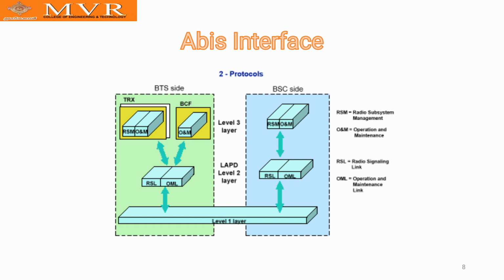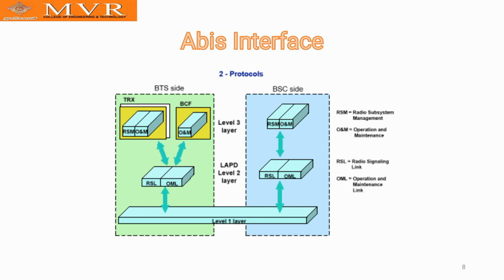In layer 3 there are RSM, radio subsystem management, and O&M, operation and maintenance. RSL means radio signaling link, and OML means operation and maintenance link.